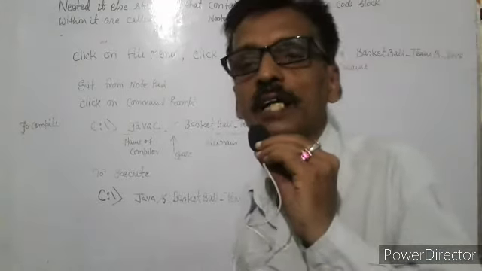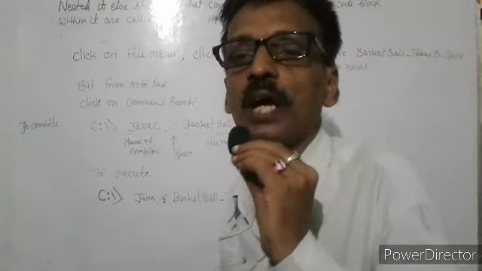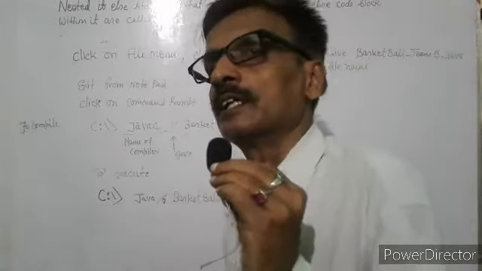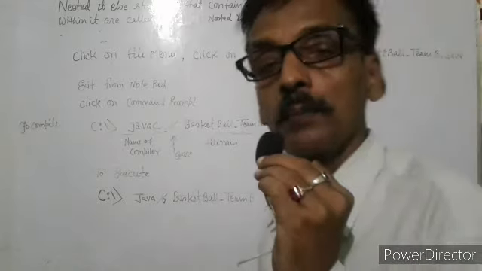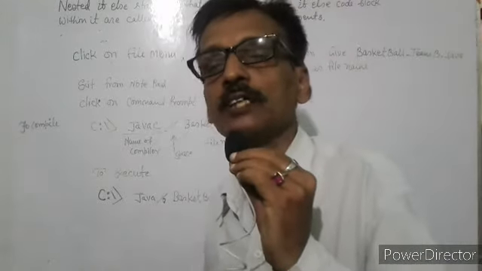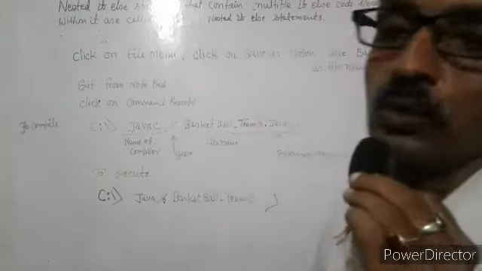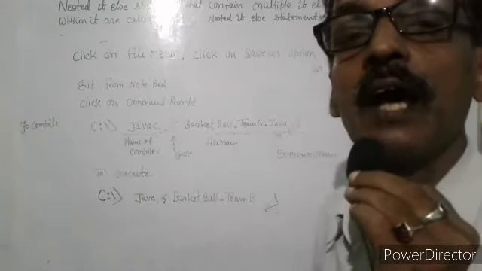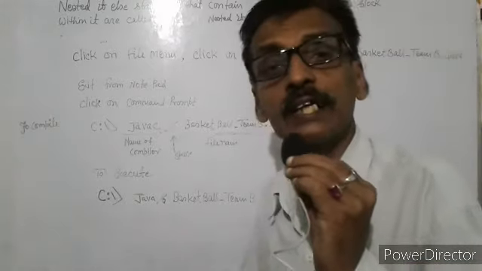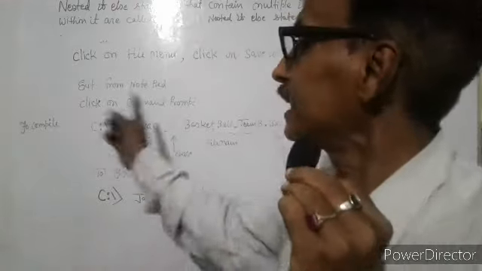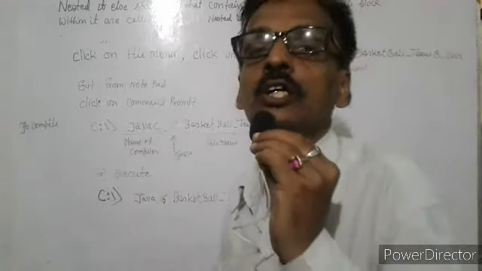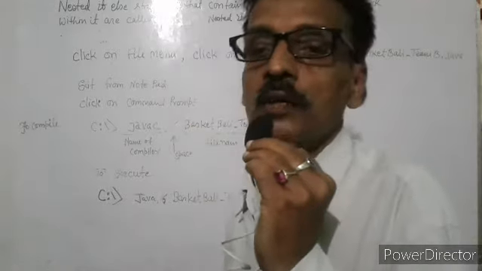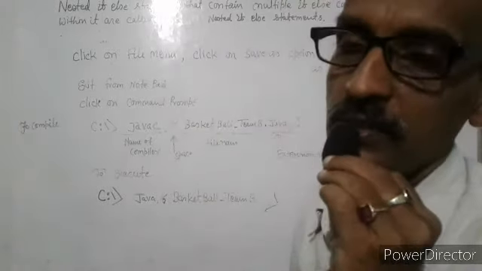Then if your program has any error, it will be displayed on the screen. If you face any error, you go back to Notepad and remove the error, save the program again and come back here, until your program becomes error free.